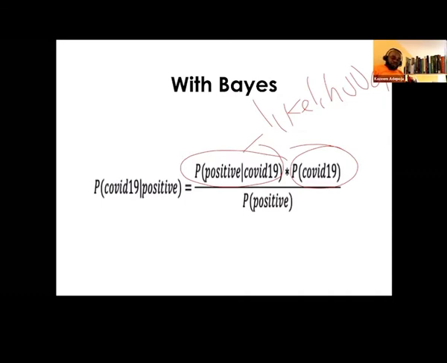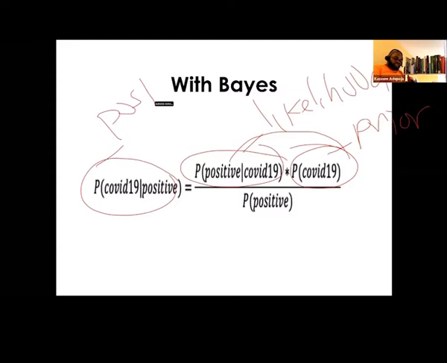So this is going to be the prior, even before the person is selected and tested. We know the probability of having COVID-19. That's the prior. Combining the prior with the likelihood is going to give us the posterior. Take a look at that. Posterior. So please, there's a difference between the two.